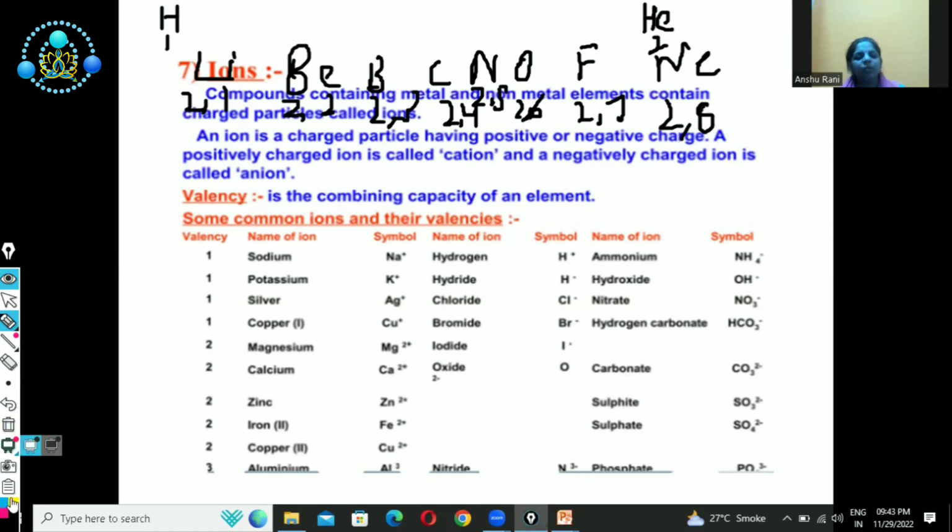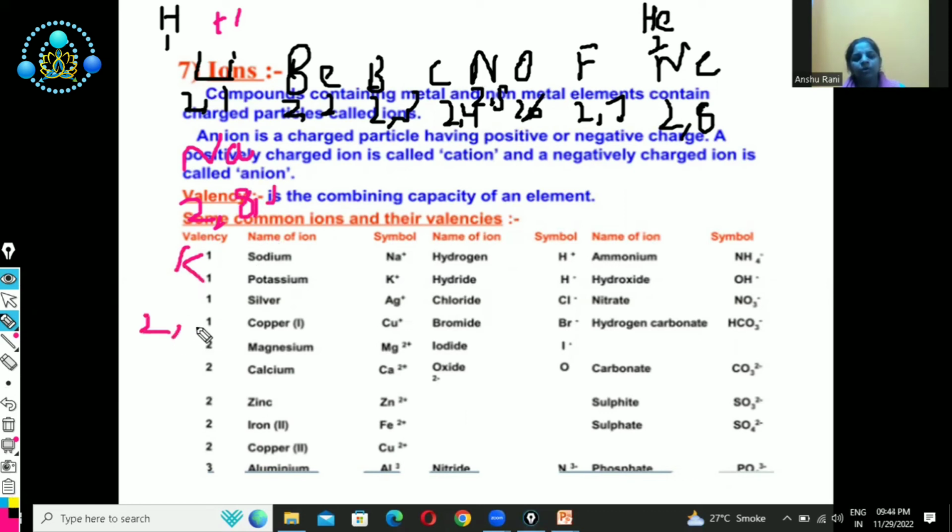Those which are having 1 electron in the outermost shell, like hydrogen, lithium, will have a valency of +1. After that will come sodium. Sodium will be 2, 8, 1. Then comes potassium.